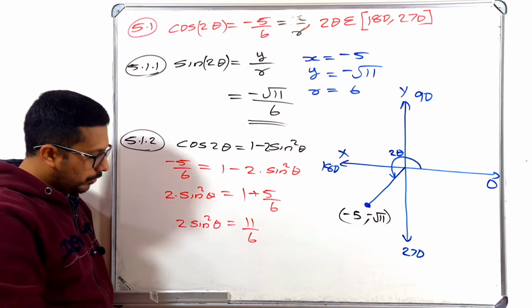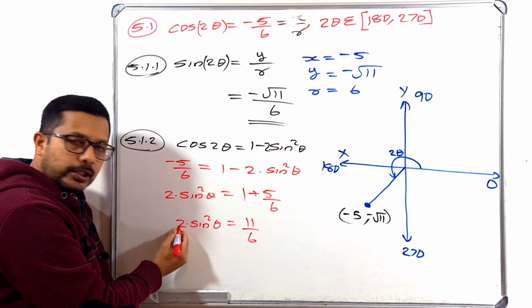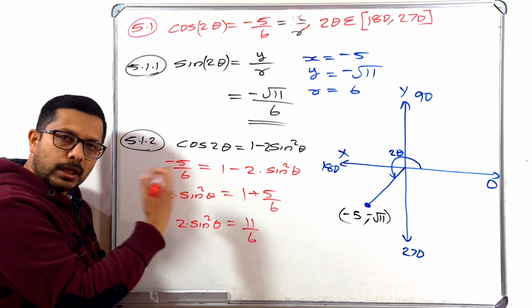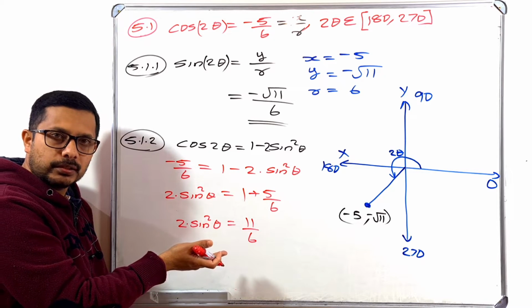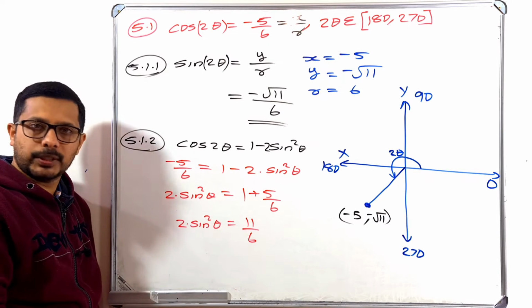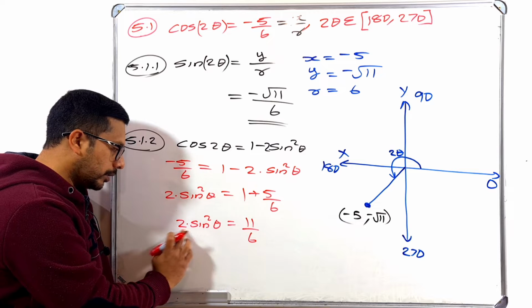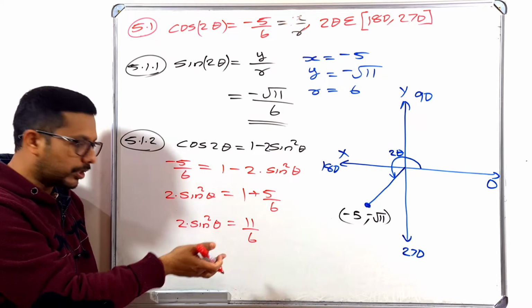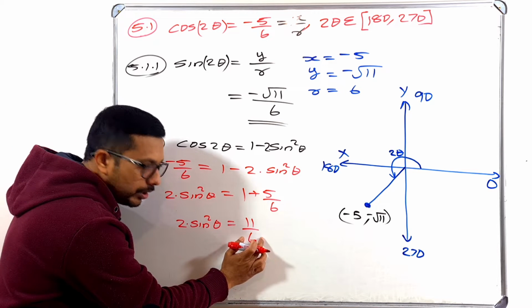So now this 2 is multiplication, am I right? So if I want to take this 2 to the other side, it is division, am I right? Or divide both sides by the 2, whatever method. So it is division. Division means this 2 will go to the denominator.